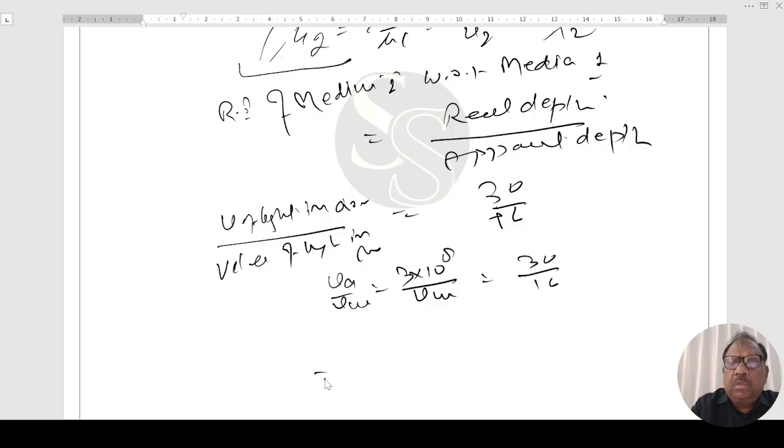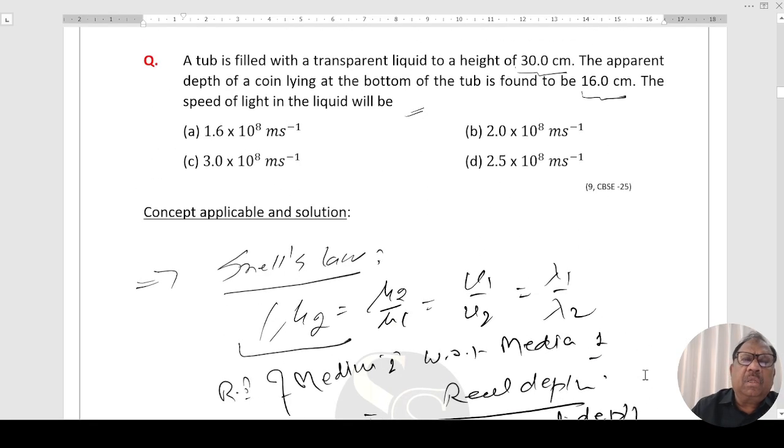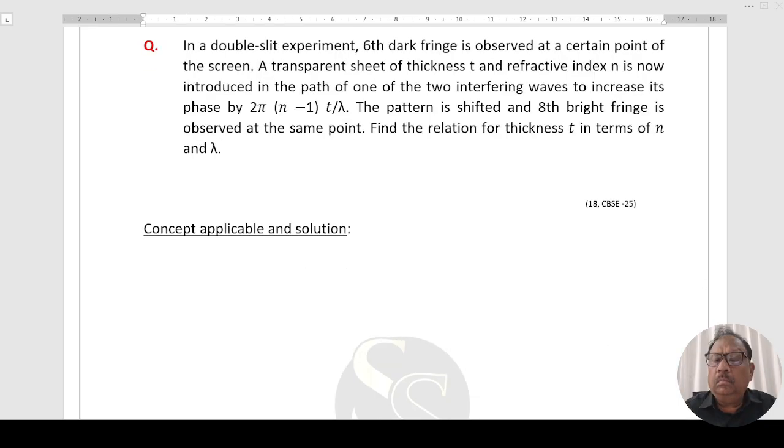Right? On simplification, V medium comes out to 1.6 into 10 to the power 8 meter per second. This is the answer. Let's check the answer. Correct answer is A. Right? Next question.